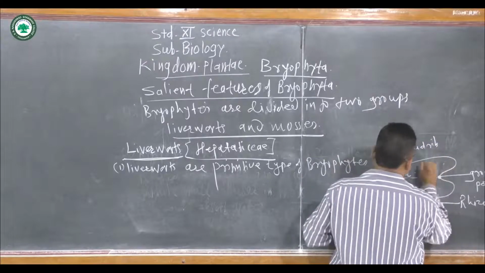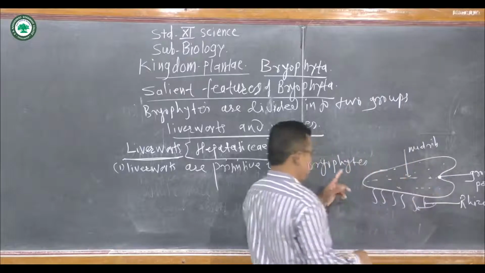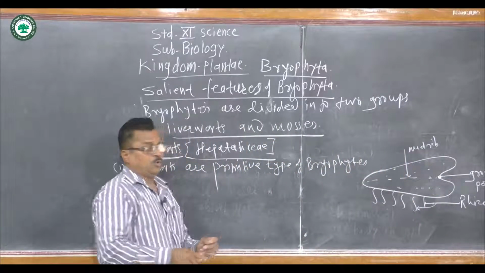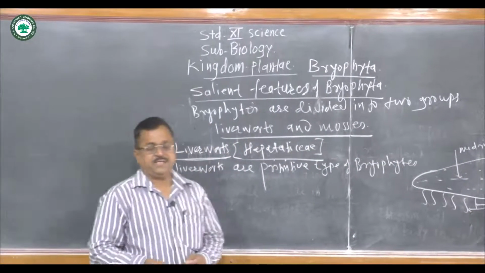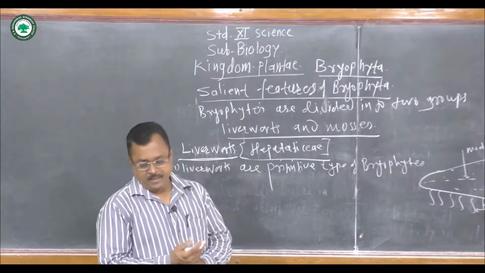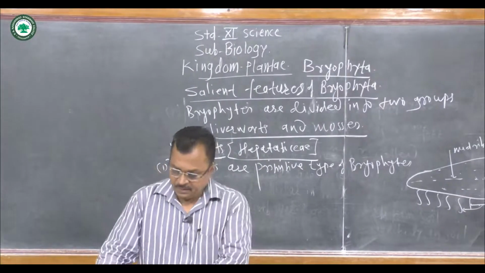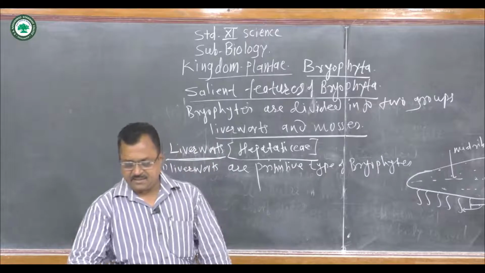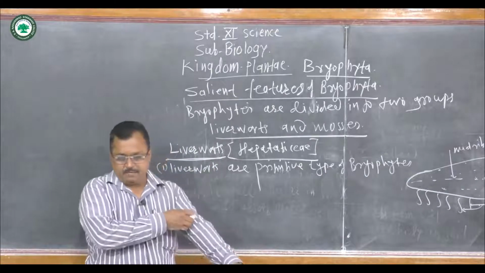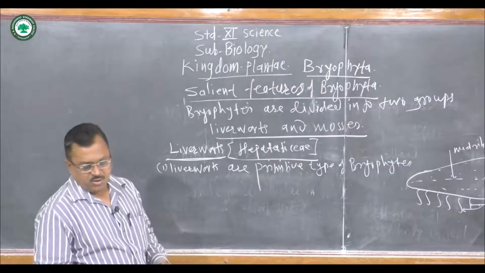Like this is the structure of the gametophyte, the primitive type of plant body. It is dorsoventrally flattened. The gametophyte possesses a flat plant body called thallus.